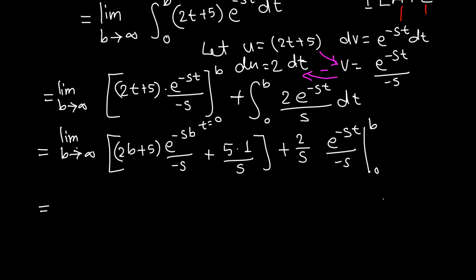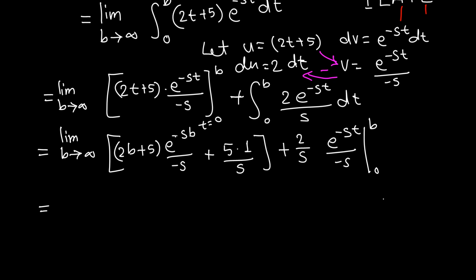For now we can apply this for the first part, after we plug this in. So as b goes to infinity, here is e to the negative infinity, if s is positive.